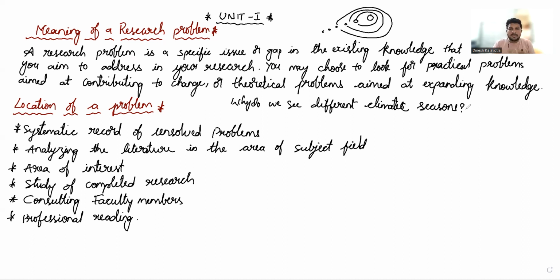You study the phenomena observed on the planets because of the sun in the middle of the solar system, the light and the heat we get from the sun, and how it behaves when the Earth comes closer to the sun and when it goes far away. So this is existing knowledge.